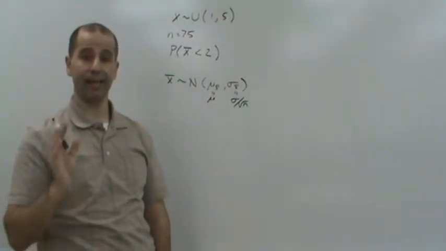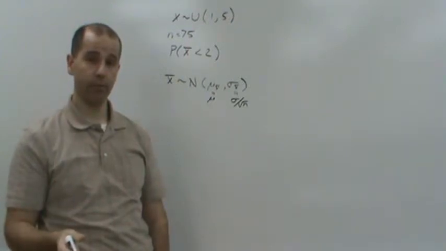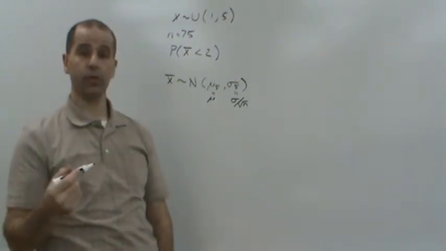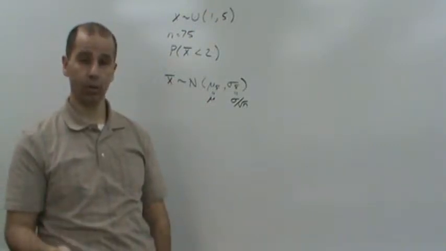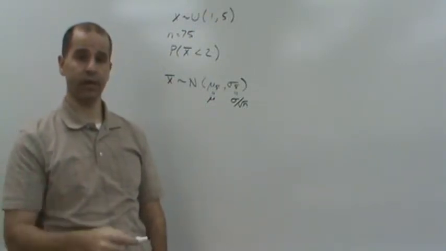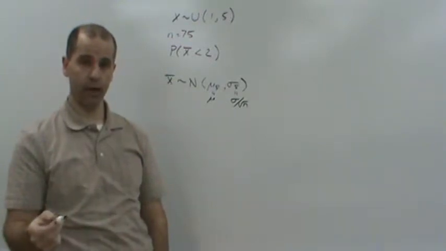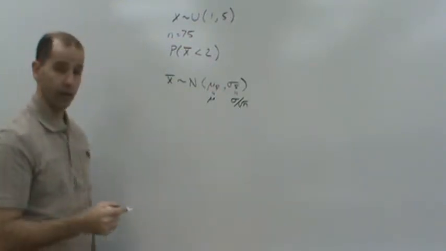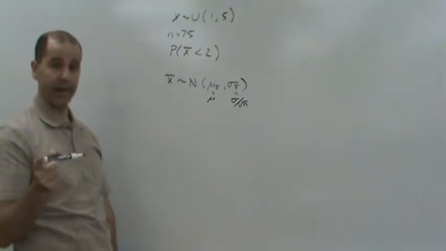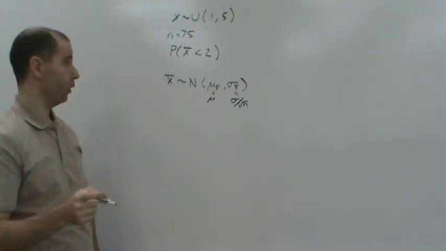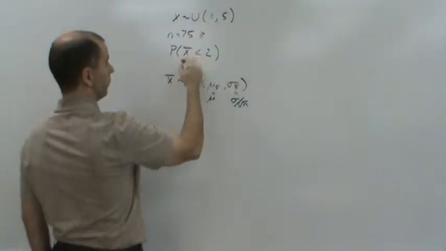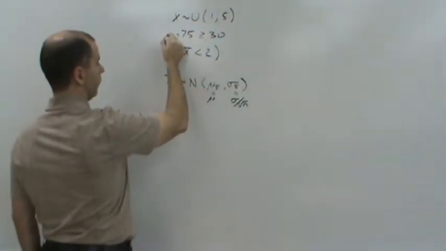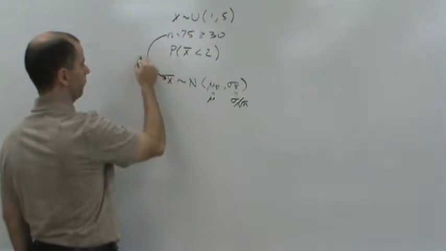It says that if the sample size is big enough, the sampling distribution of X bar will be approximately normal, with a mean of mu and a standard deviation of sigma divided by the square root of n. The criterion is that n has to be at least 30. In this case, n is 75, which is definitely bigger than or equal to 30. So by the central limit theorem, we have it.